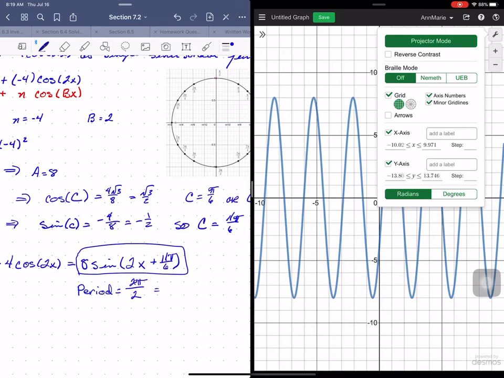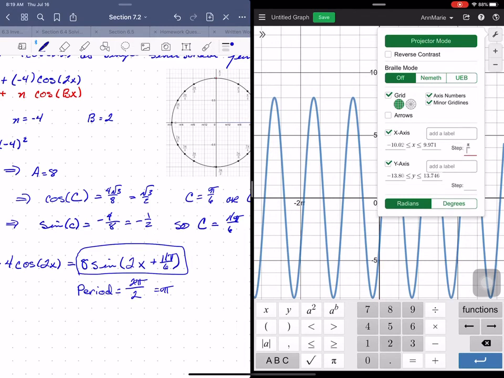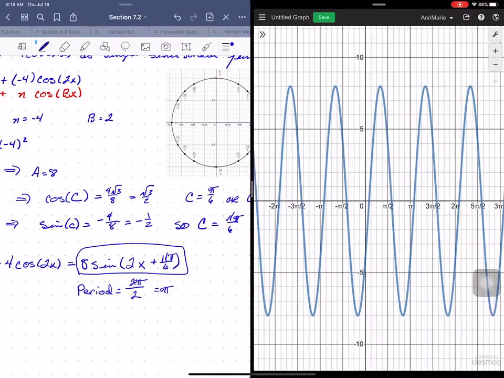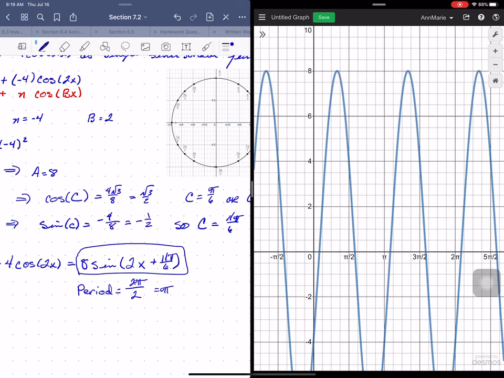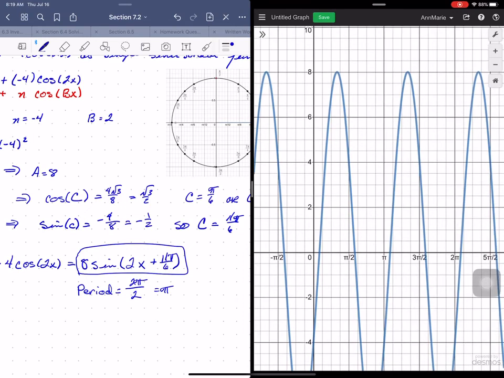So my period should be pi. So let's give myself some multiple of pi steps. Because of the shift, it gets a little dicey, but let's look here. That's pi over 3, and that's 4 pi over 3. So yes, my period is indeed pi.